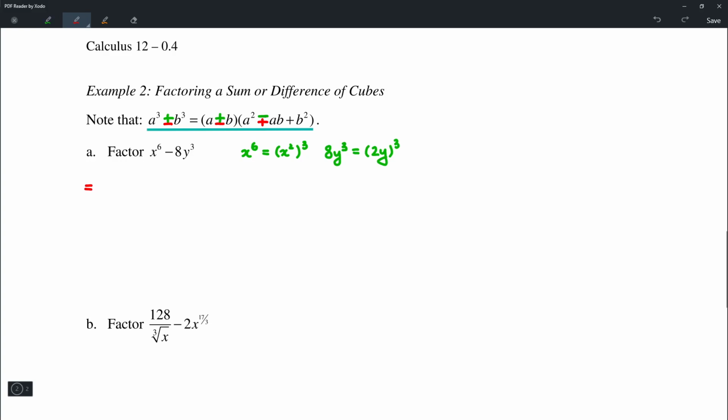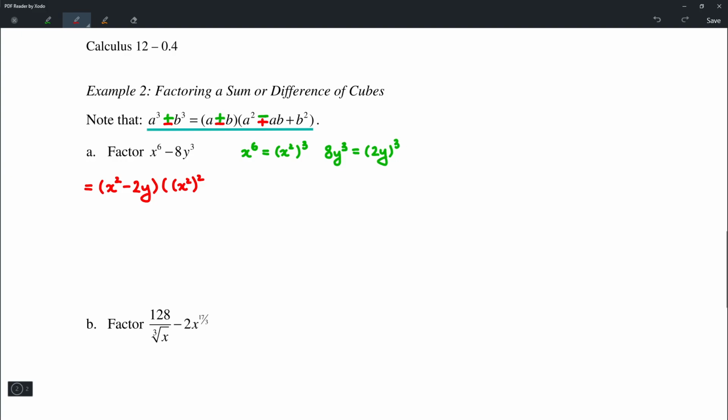So here instead then we have x squared minus 2y, right? So the x squared here is the a and the 2y is the b. And then afterwards in the second part we have x squared squared.